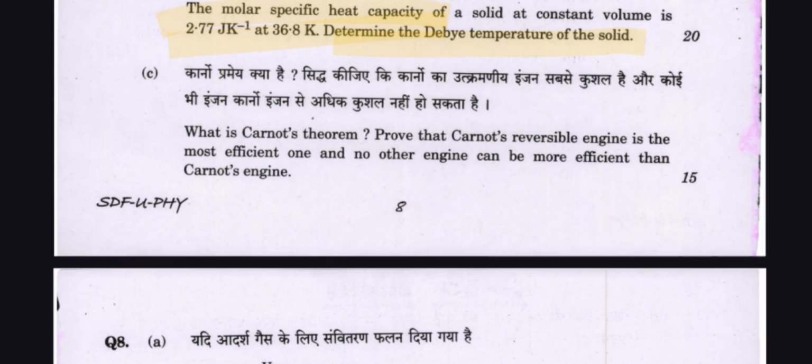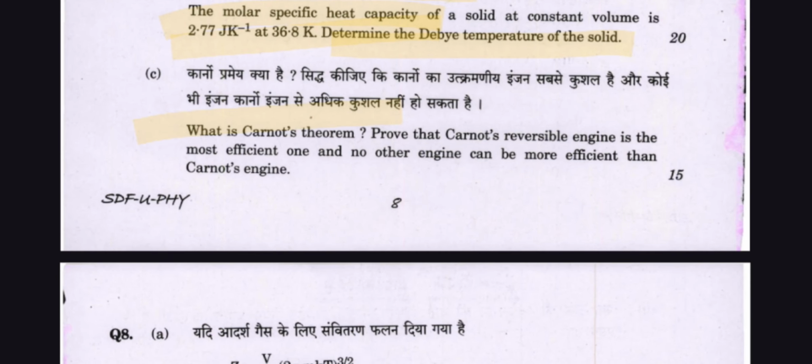And question number C is here. Prove by Carnot's theorem that a Carnot reversible engine is the most efficient and no other engine can be more efficient than a Carnot engine.